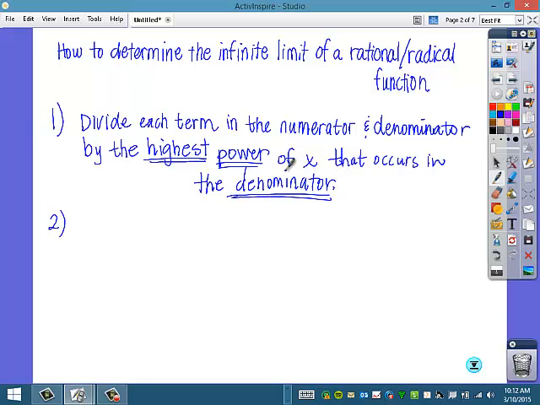So basically, you're going to pick the highest power out of your denominator, whatever's the highest power in the denominator, and divide everything in the numerator and the denominator by that highest power of x, which will make more sense in just a second.